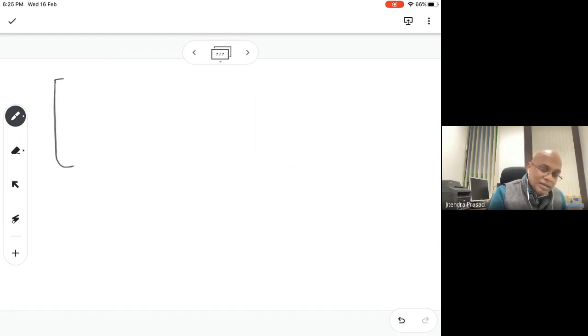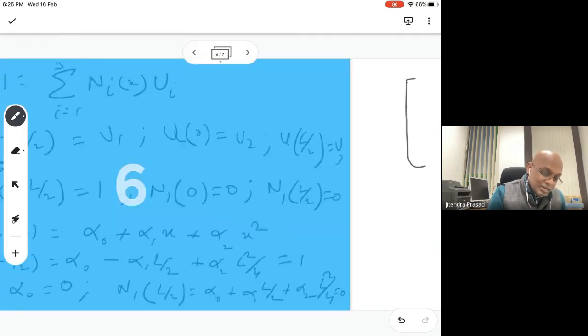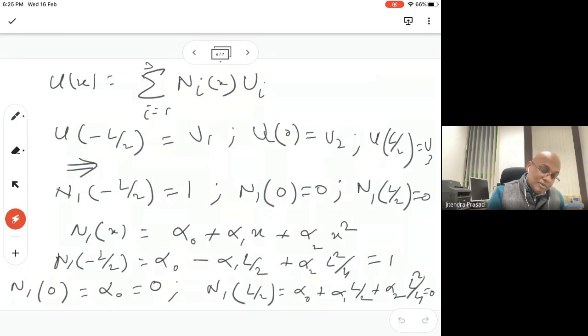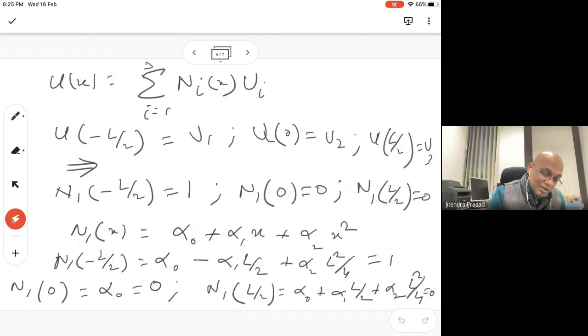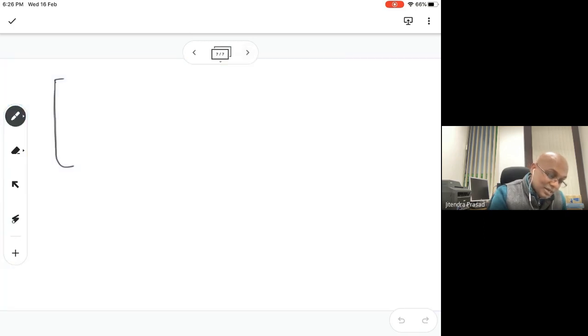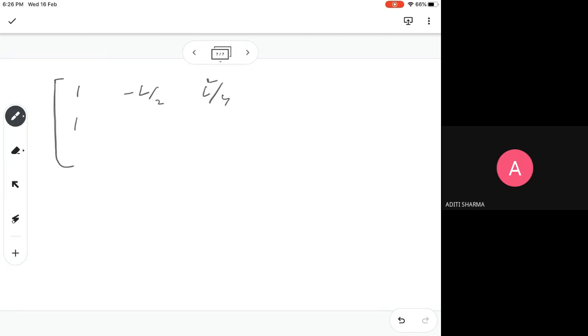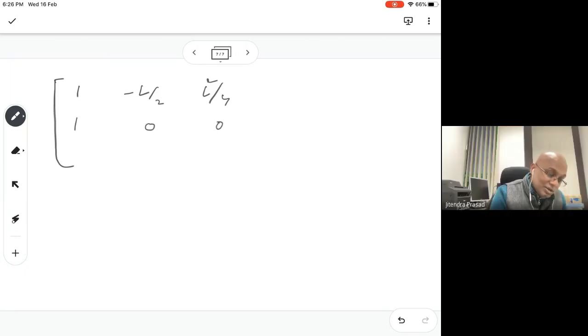So how do you write the same equation? If you have to write, then we can have 1, minus L over 2, L square over 4. Then you will have here 1, 0, 0, and 1, L over 2, L square over 4.